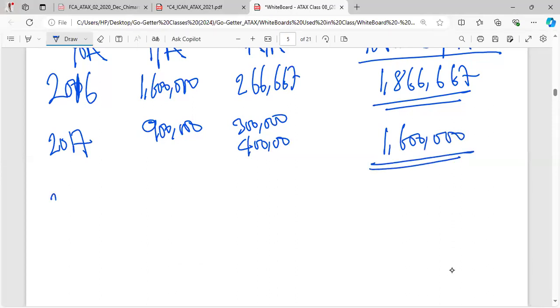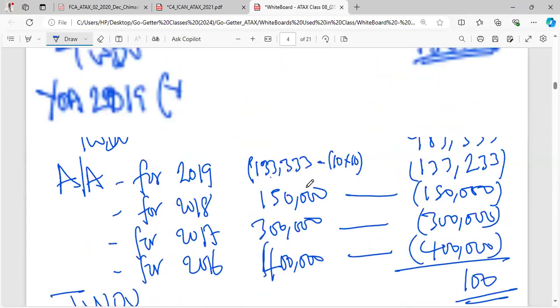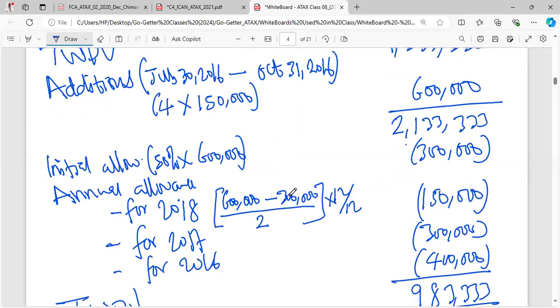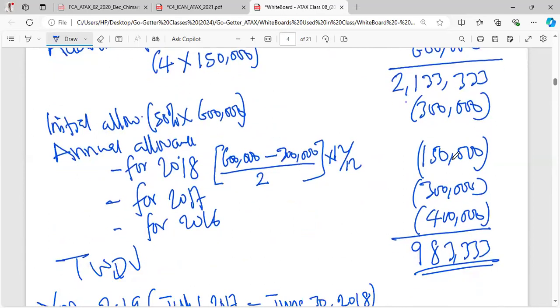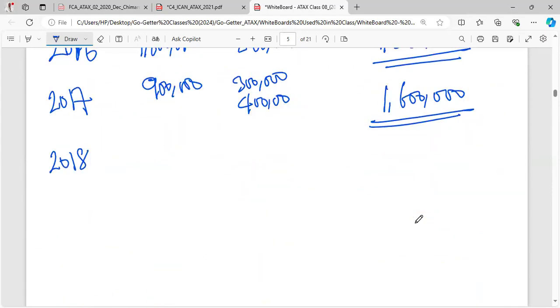Then you will come here, 2018. What's your initial allowance in 2018? You have it as 600. Then we have 150, 300, 400. So this is 600, and this is 150, 300, 400.